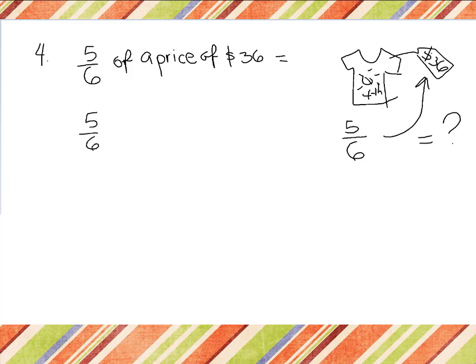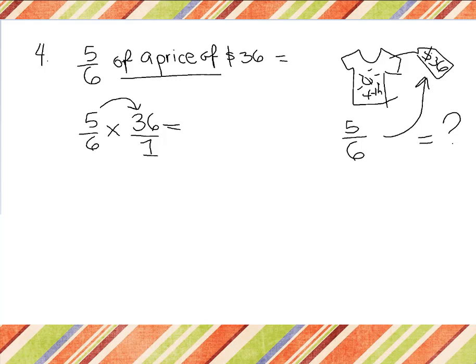We're going to find it. Let's figure this out. 5/6. Remember, all of this you put in a multiplication. Now write the original price, and you put a 1 under the original price, in the denominator, and we need to multiply.